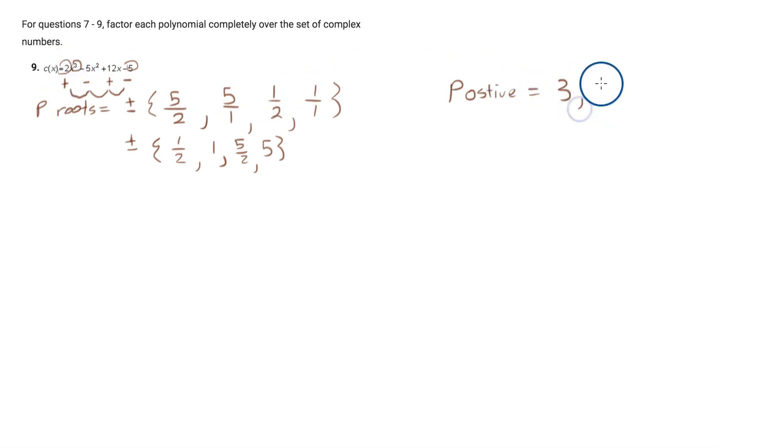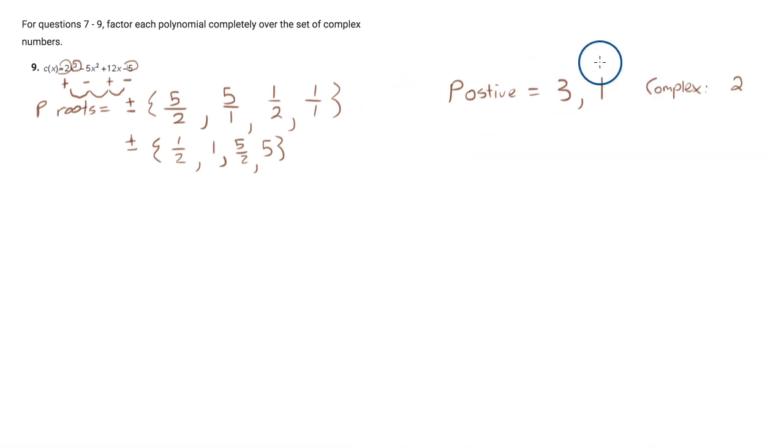Counting down, we know we could also have 1 positive root. That also could account for some complex roots. Okay, so if we had 1 positive root, we could possibly have 2 complex roots.